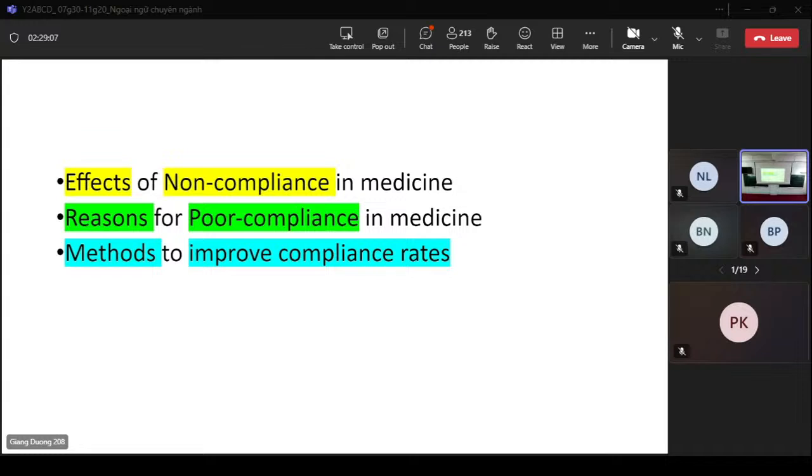About the reason of poor compliance in medicine, I think this may be because of their habits.